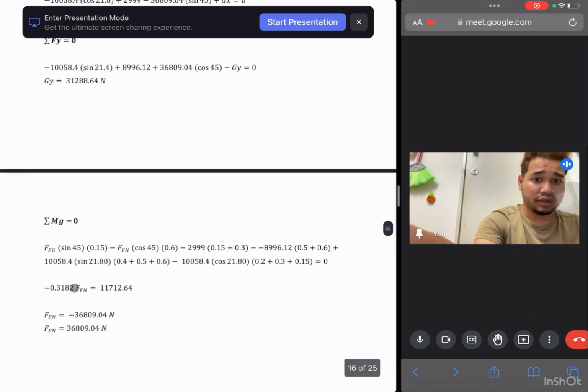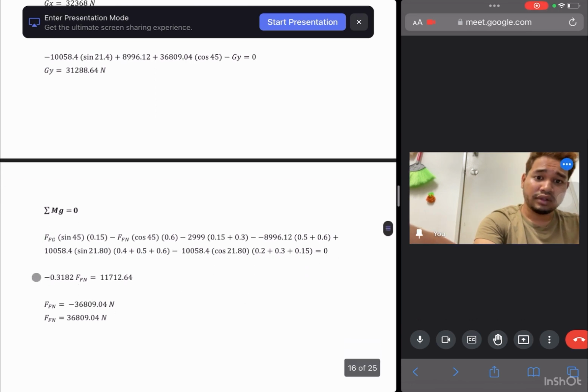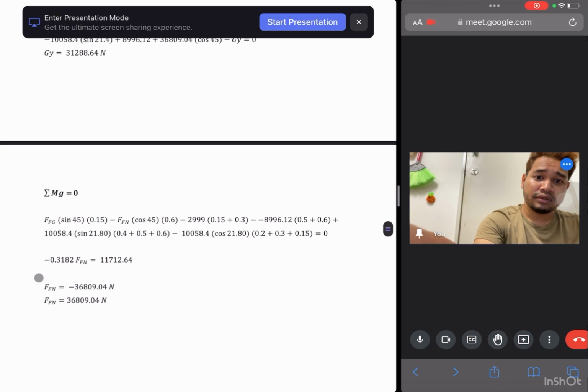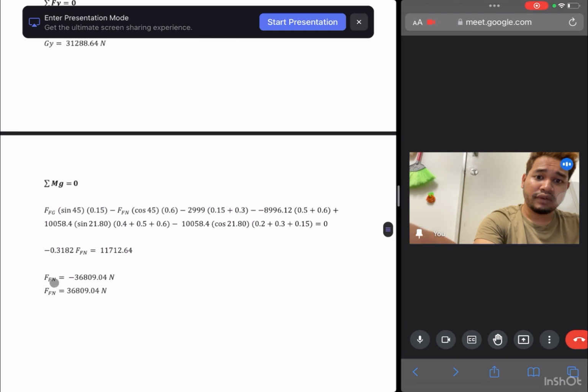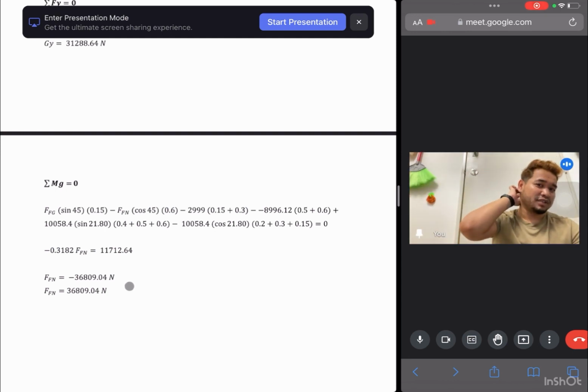So we got this one, and we get the FFG is equal to negative 36,809.04 Newton. So it's a compression force.